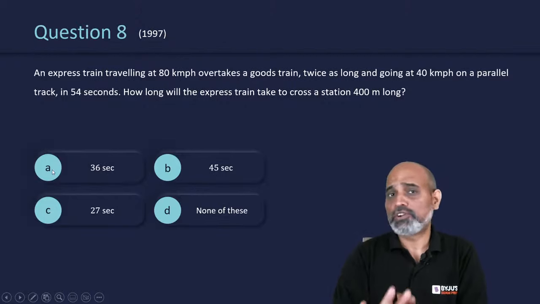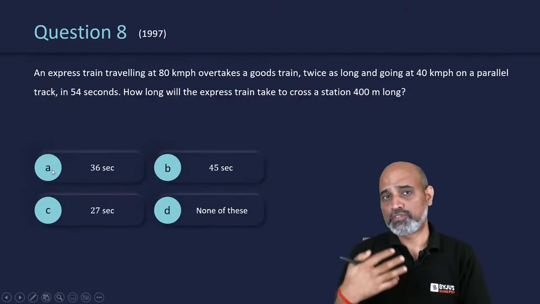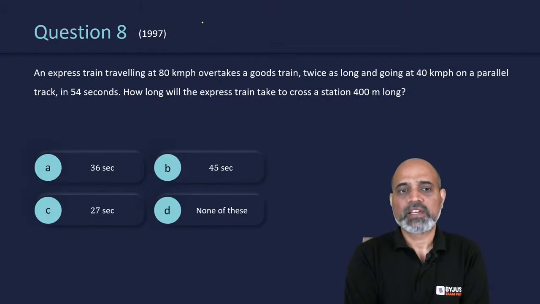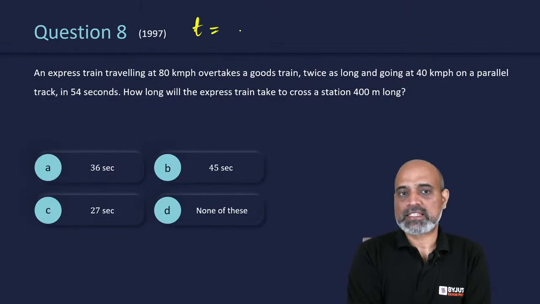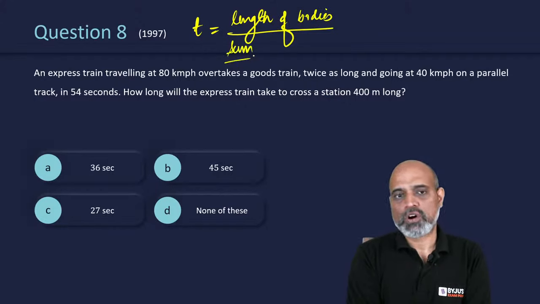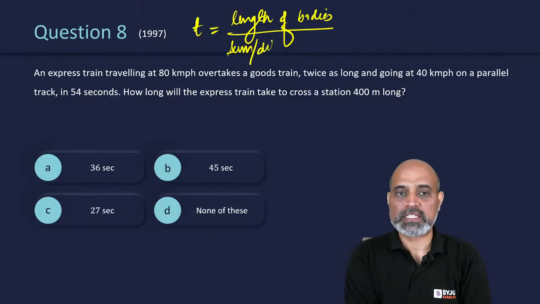Very straightforward question based on movement of 2 bodies of length and speed in certain direction. So time taken is given as length of bodies divided by sum or difference of speeds, depending upon whether they are moving in the same direction or opposite direction.